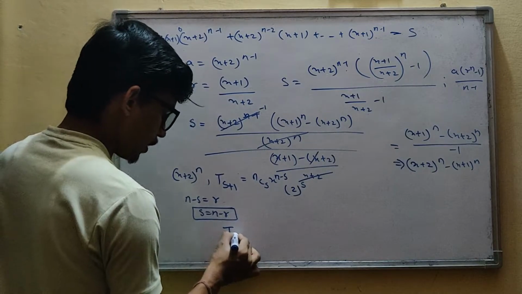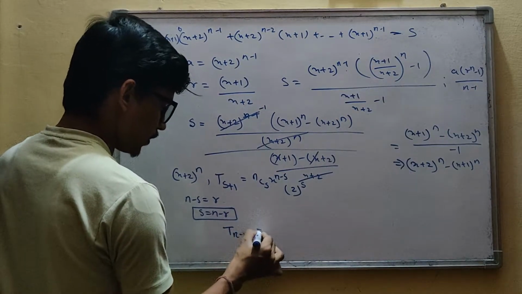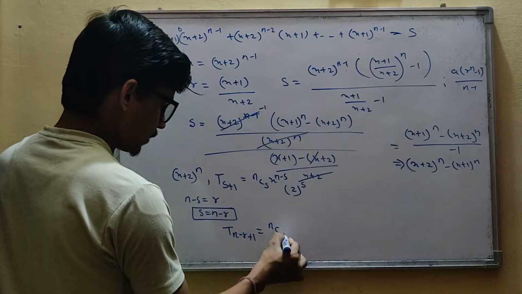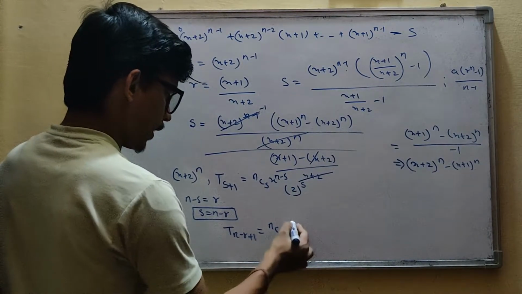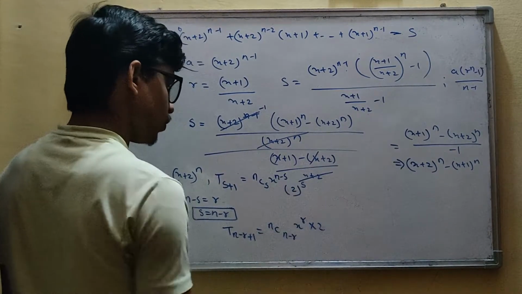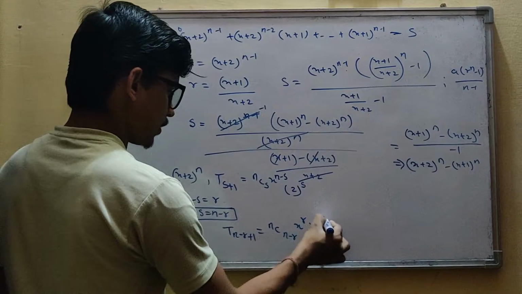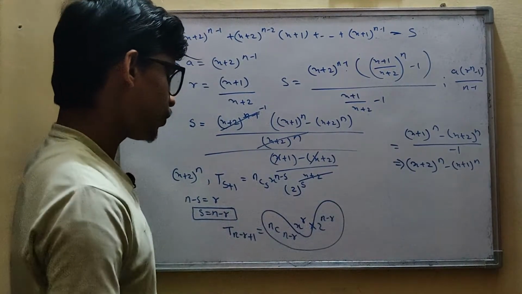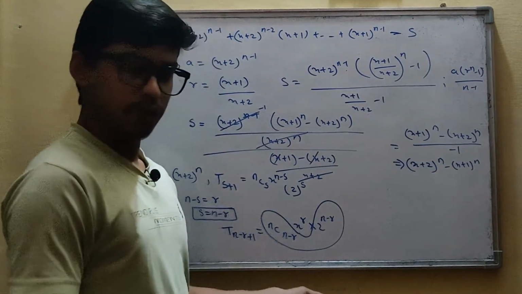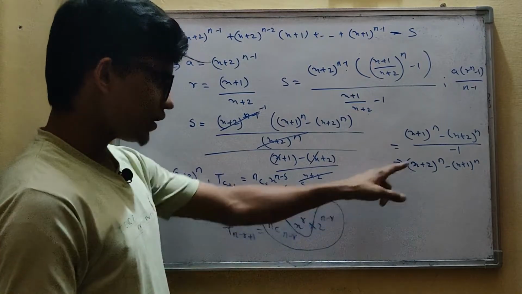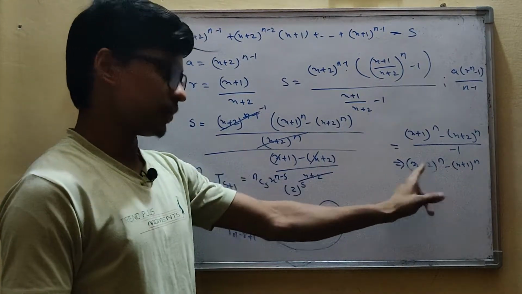So the t_{n-r+1}th term will have nCs, and s is n minus r, x to the power r and 2 to the power s, and s is n minus r. So the coefficient is this, right? So nC(n-r) into 2^(n-r) is the coefficient of x to the power r in this particular term, not this, in this particular term, right?